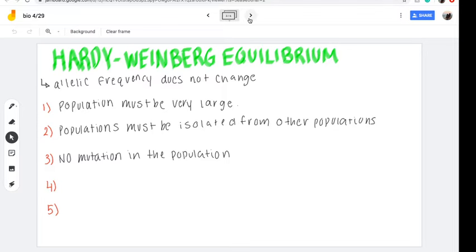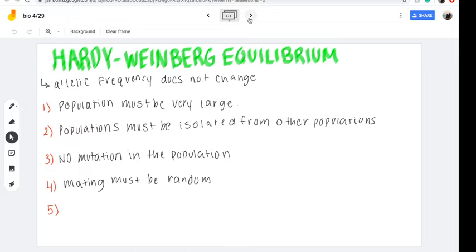Fourth, mating must be random. If individuals select mates, then those individuals who are a better fit will have a reproductive advantage and the population will evolve. And we should not have an evolving population.